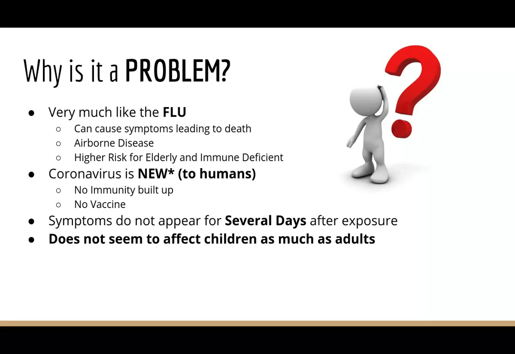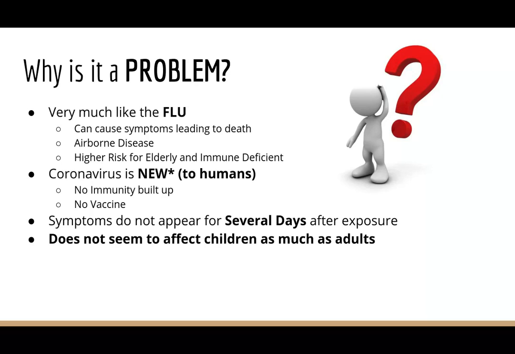Also, something to think about: this disease does not seem to affect children like it does adults. That means the symptoms are much more mild for children. That's pretty awesome, and lucky that seems to be the case. But viruses can change over time. The flu is always changing its DNA every single year, and we're creating new vaccines for it, so you never know what will happen in the future.